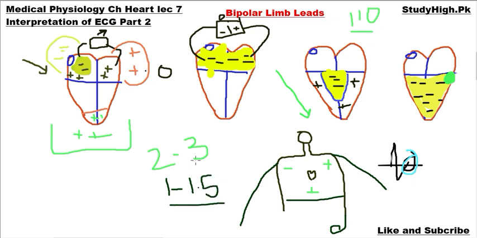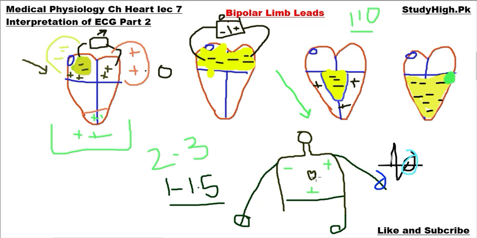Because in these conditions we have connected our electrodes, positive and negative terminals, at the far side away from the heart. That's why the potential has been reduced from 100 to 110 millivolt to 1 to 1.5 millivolt only, because we have connected our electrodes far away from our heart.